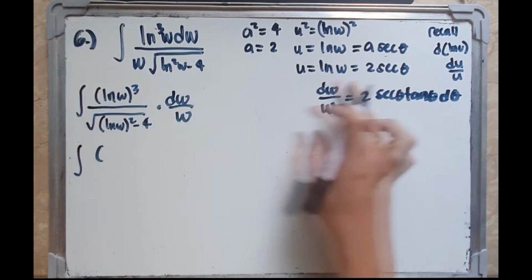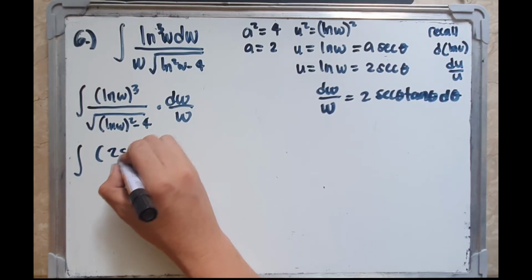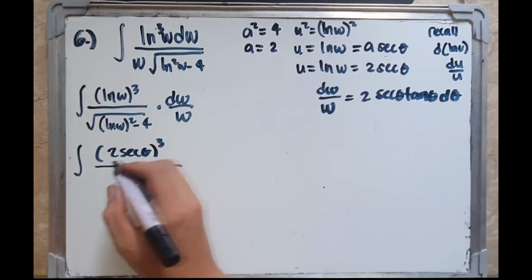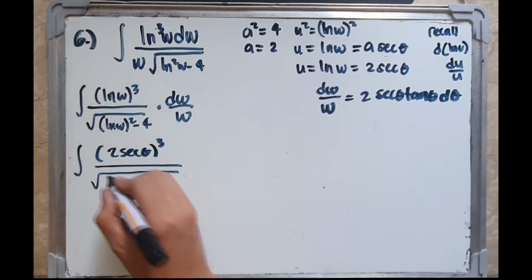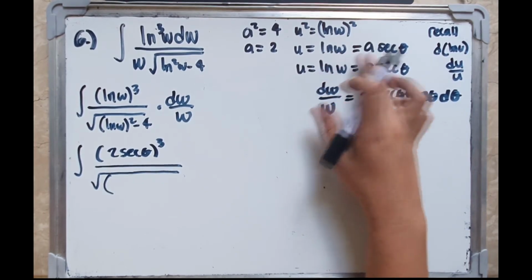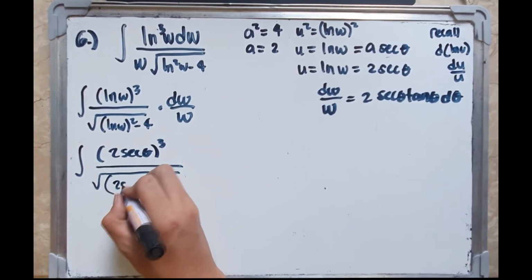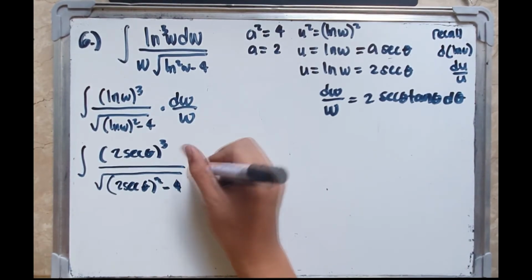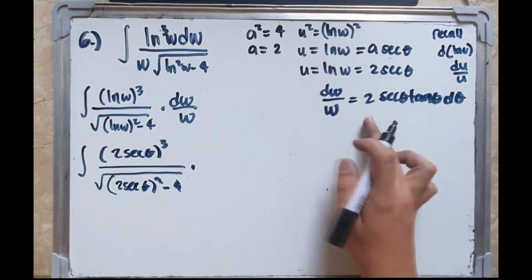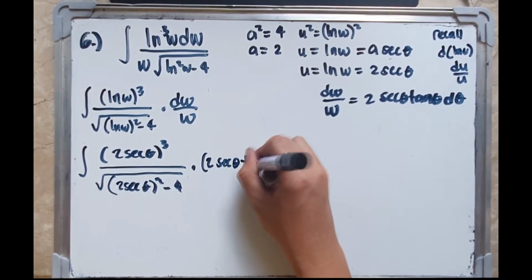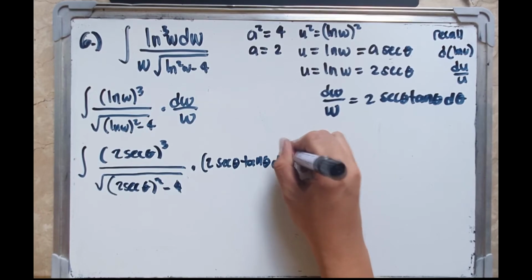What is ln w? ln w is 2 secant theta. So we have (2 secant theta) cubed all over the square root of (2 secant theta) squared minus 4, and dw over w is 2 secant theta tangent theta d theta.